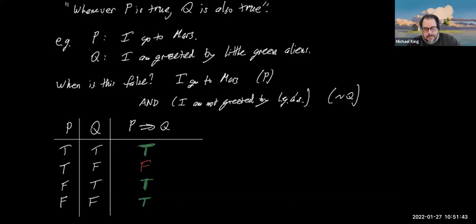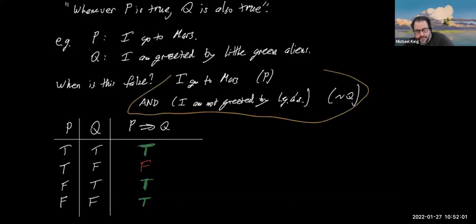In fact, let me just say this. We can do P and not Q, but we really want the negation of that, because P and not Q is true if both of these are true, right?